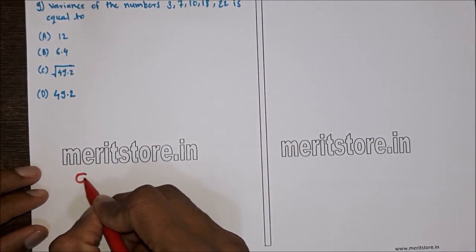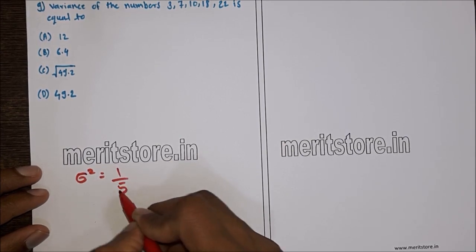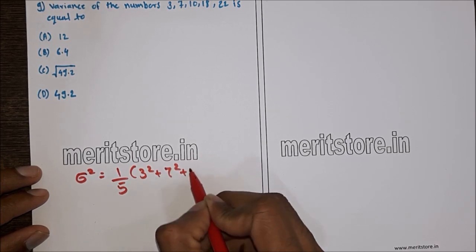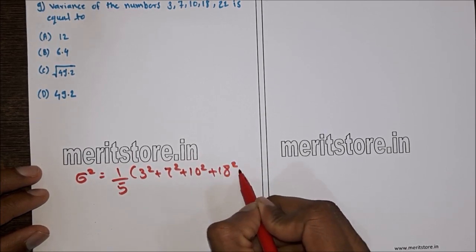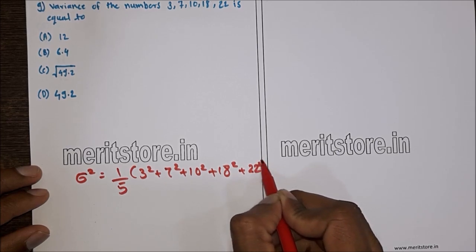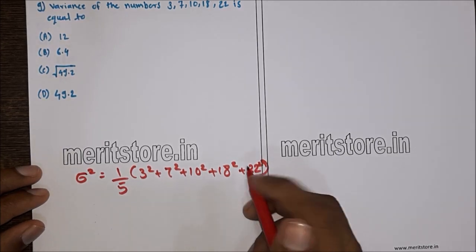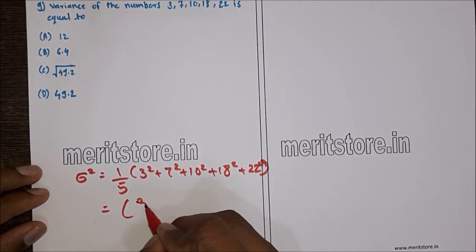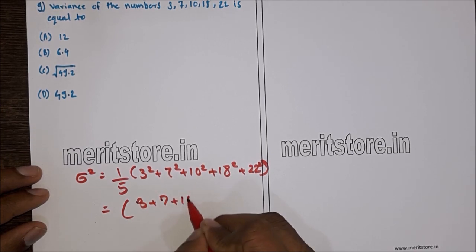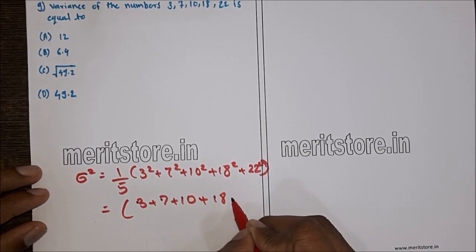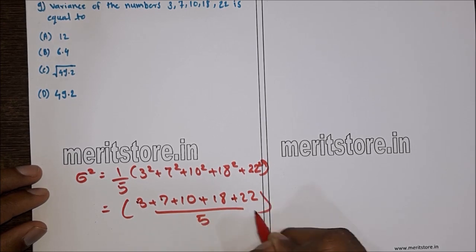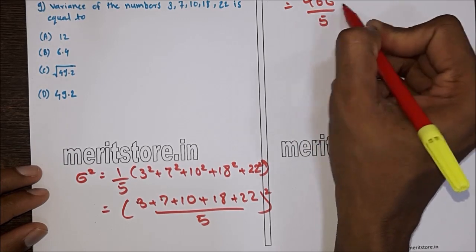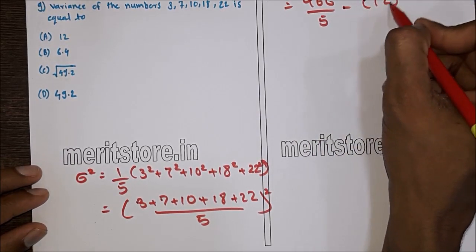Variance is given as sigma square equal to 1 by 5 into the squares of all the numbers, that is 3 square plus 7 square plus 10 square plus 18 square plus 22 square, minus 3 plus 7 plus 10 plus 18 plus 22 upon 5, the whole square. Solving this, we get 966 by 5 minus 12, the whole square.